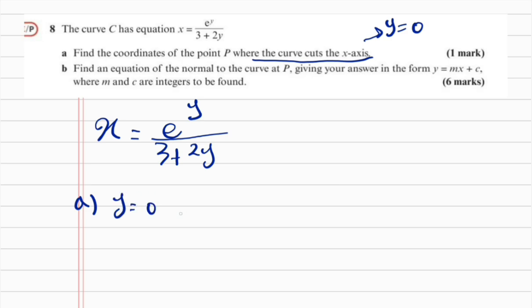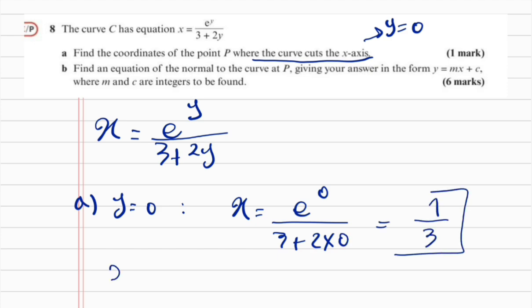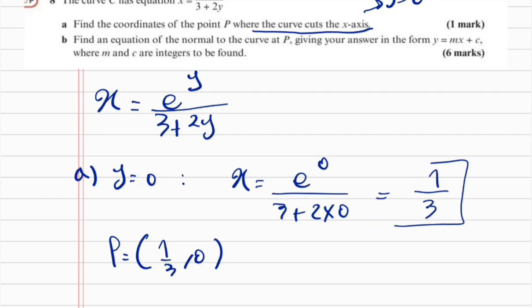When y is equal to 0, we have x is equal to e to the 0 divided by 3 plus 2 times 0, which is 1 over 3. So the coordinate of point P is 1/3, 0. This was the first part, which was very straightforward.